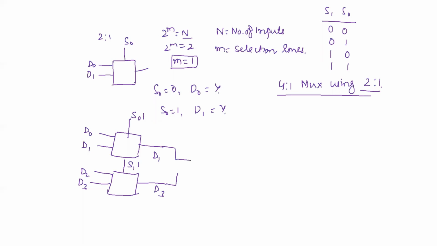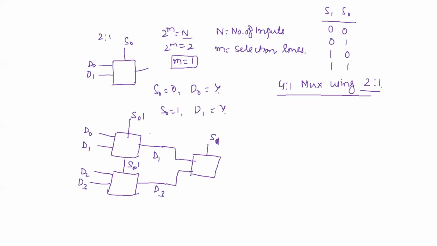Then at the output, you need one more multiplexer here. So this gives you S0, both of them, and this gives you S1. S0 means this will be selected, and S1 means this will be selected.